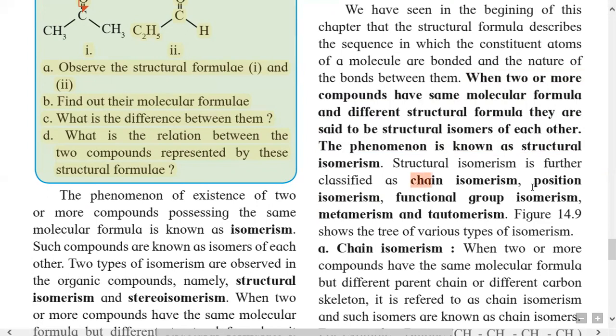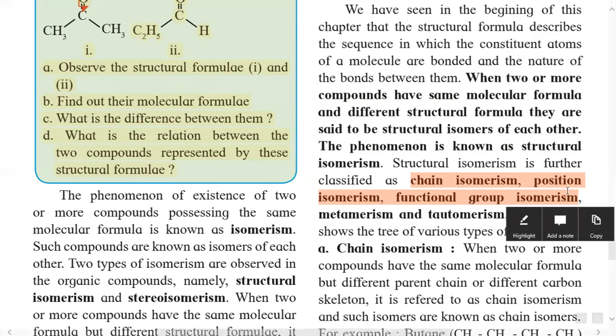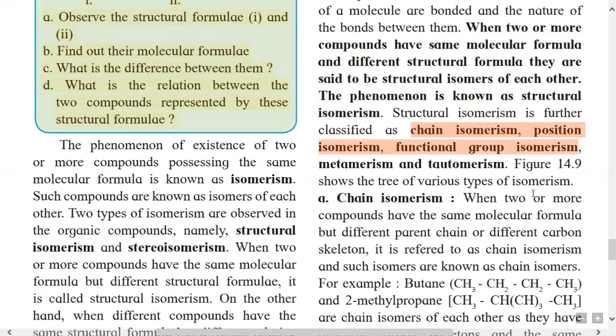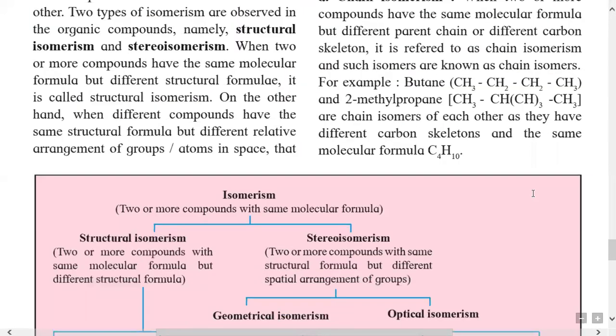One is chain isomerism, second is position isomerism, third is functional group isomerism, and fourth is metamerism or tautomerism. In figure 14.9, the classification tree of isomers is given.